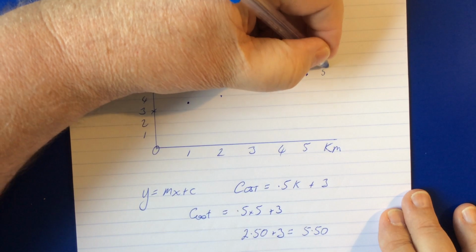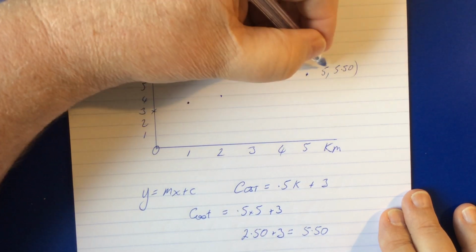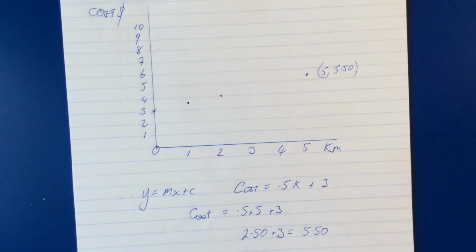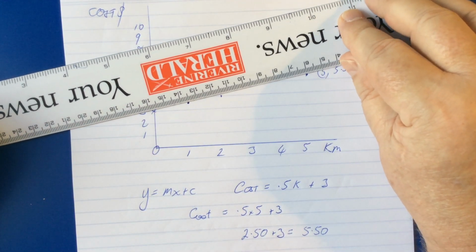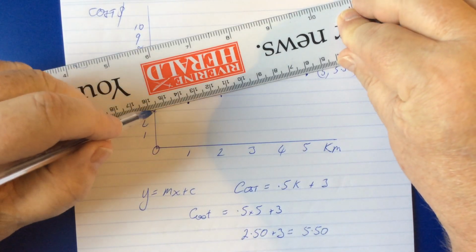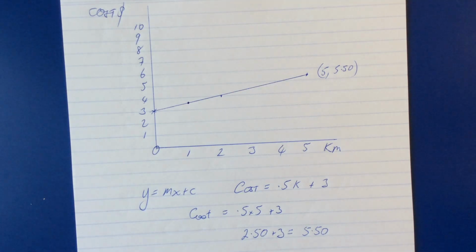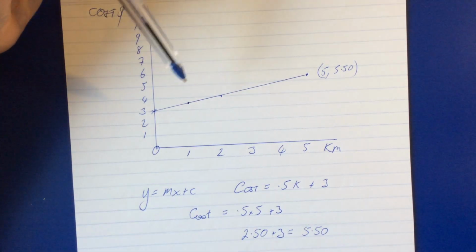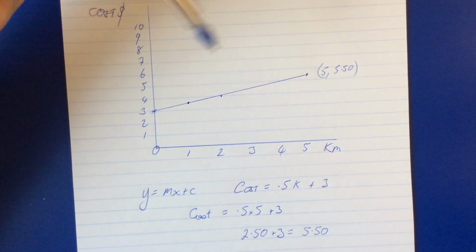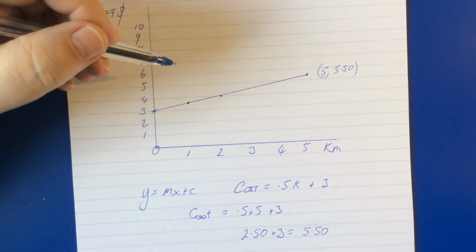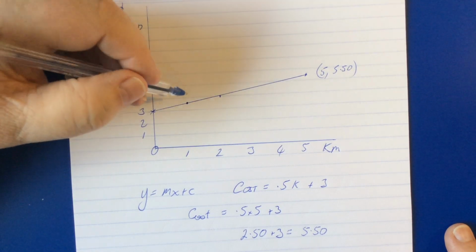So this is 5 kilometres, $5.50. And these can be written as coordinates. Now, if I've done a halfway decent job, I've got myself a straight line graph. And what can we read from this graph? Well, using a gradient function, so figuring out what the gradient of this is.